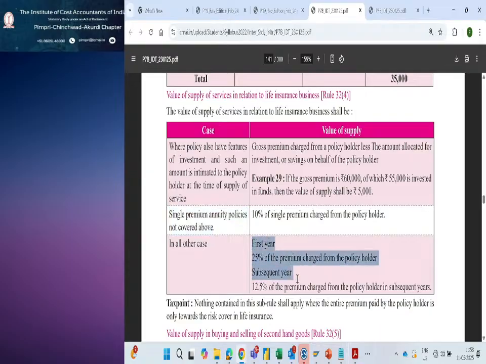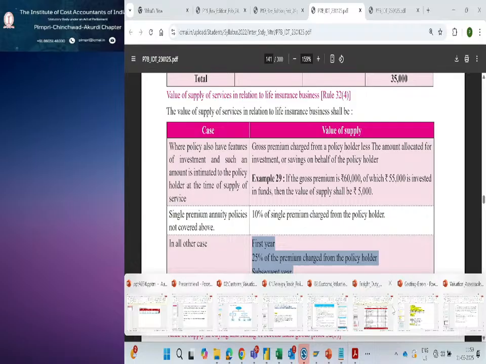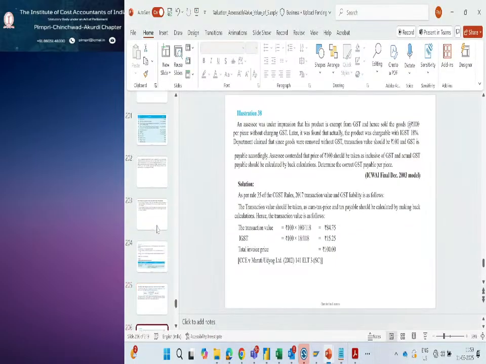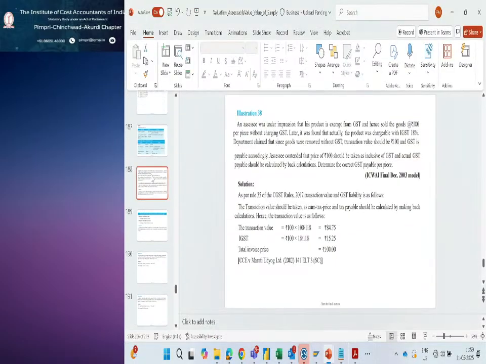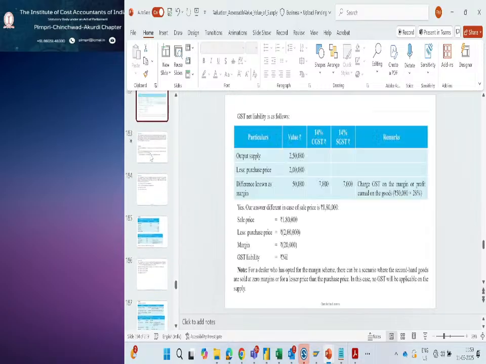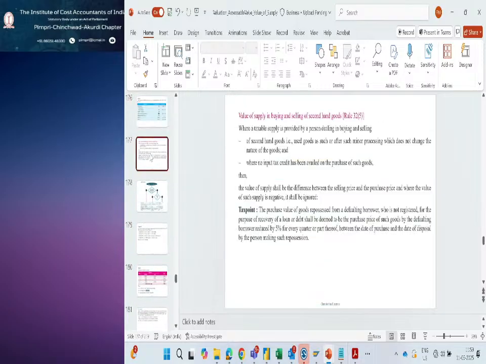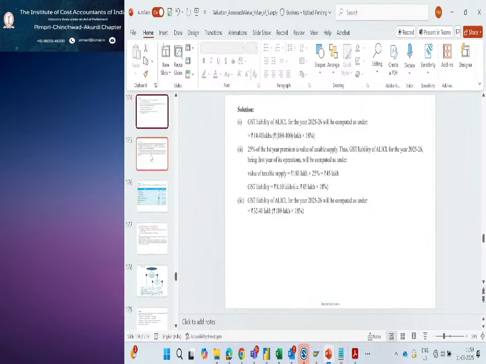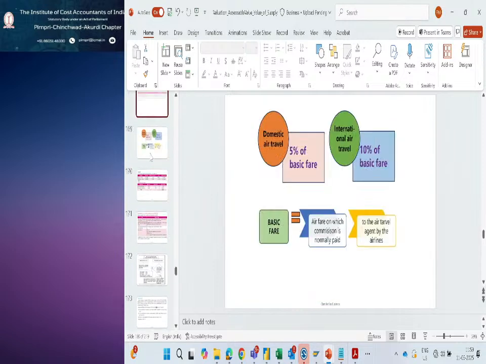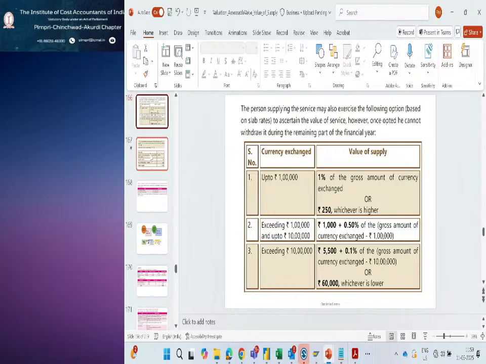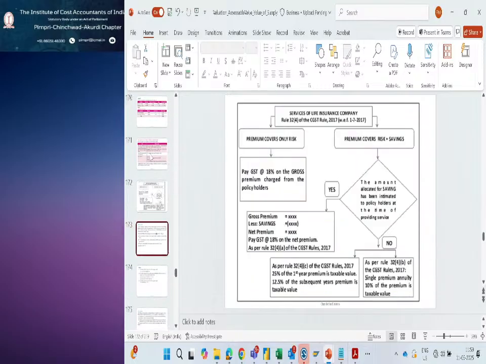Even in this chart, when I showed it, it is there. See in this one, rule 32(4B), for single premium annuity, 10% of the premium is taxable.